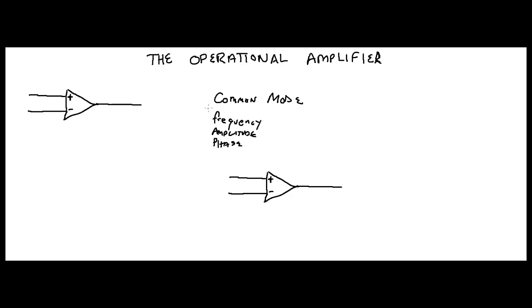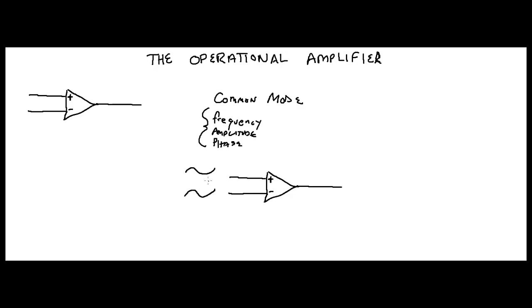These are three characteristics of input signals, right? So if you have an input signal coming into your non-inverting input that looks like that, and you have another signal coming into your inverting input that looks like this, basically it's the same frequency, the same amplitude, and the same phase, which means they're directly in phase.